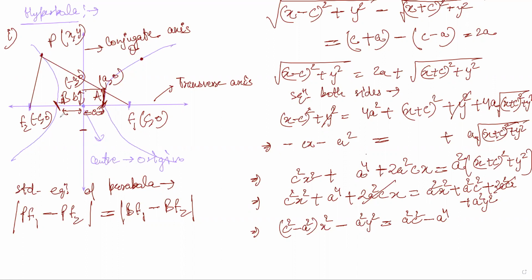So in this case, just forget about eccentricity. First of all, let's talk about the relation between a, b, and c. The relation between a, b, and c in this case would not be that simple. It is not a² equals b² plus c², right? In this case, your c² would be equal to a² plus b².